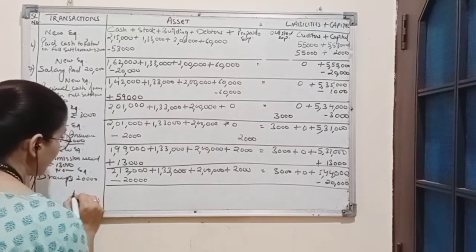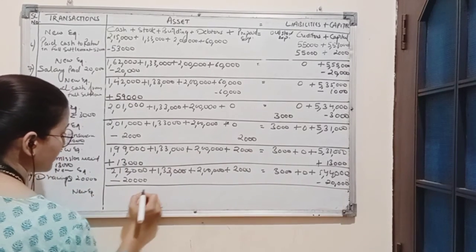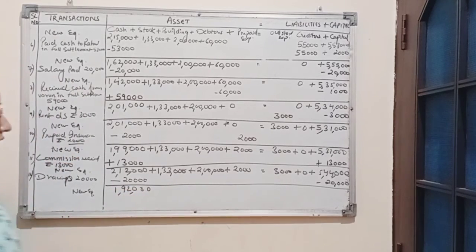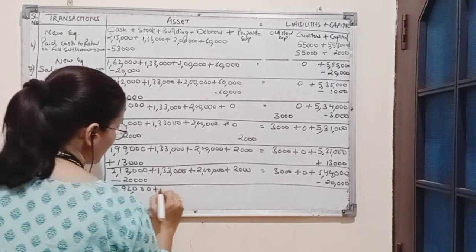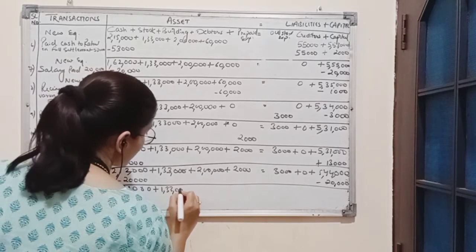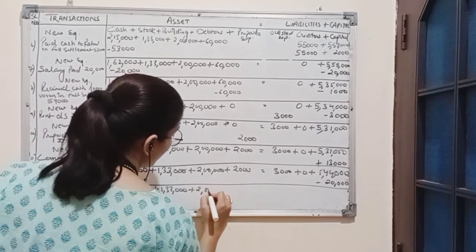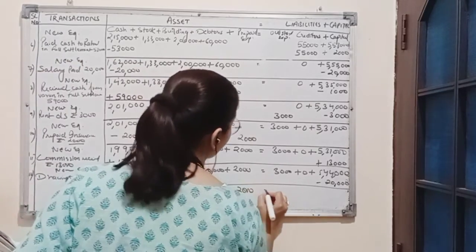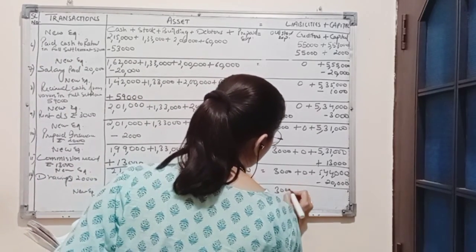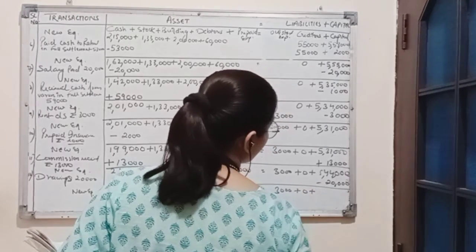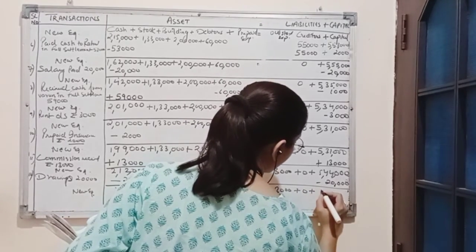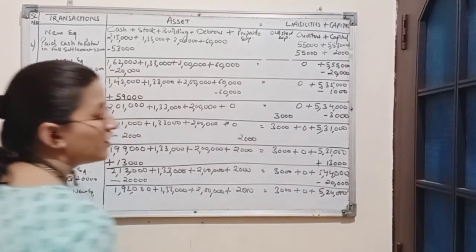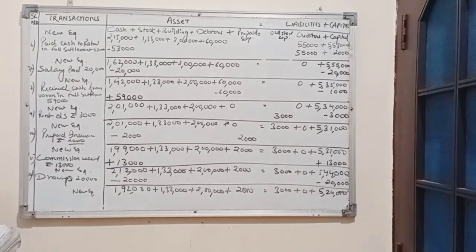Now your new equation will be 1,92,000 cash, 1,33,000 stock, building 2 lakh rupees, prepaid expenses 2,000, outstanding expenses 3,000, creditors nil, and 5,24,000 capital.